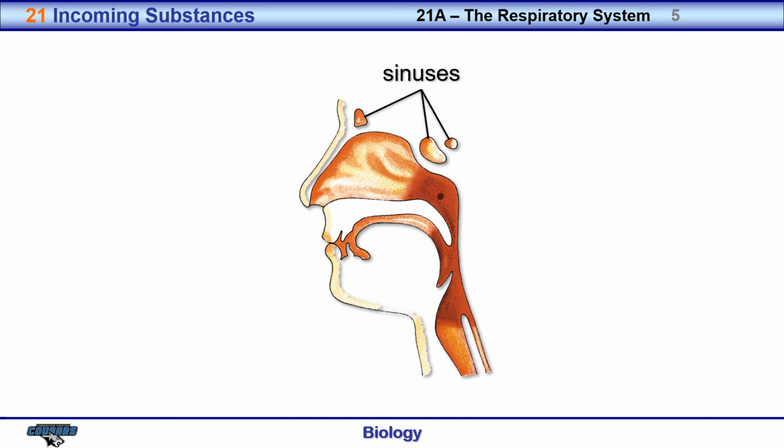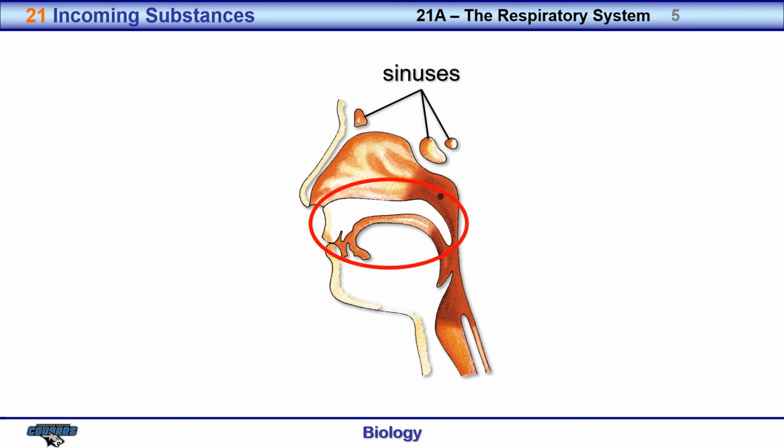Now in this diagram you can see the sinuses. You have some of them that are located over your eyes, and then some underneath your eyes. They all are connected either to the nasal cavity or to your throat.